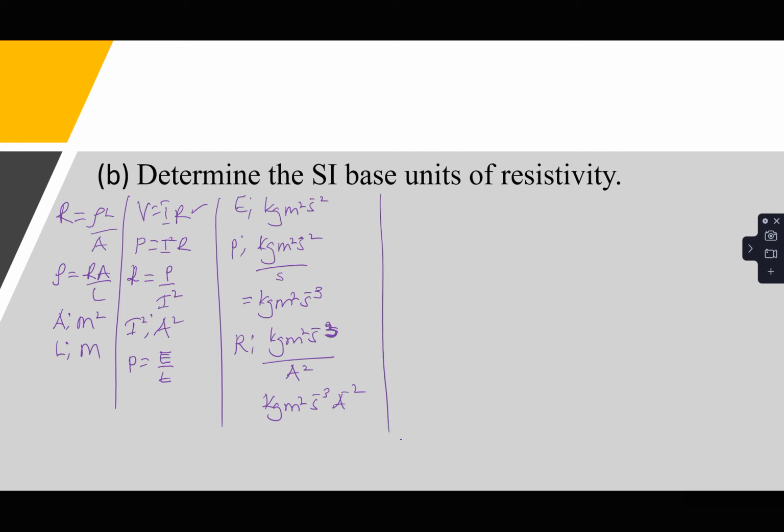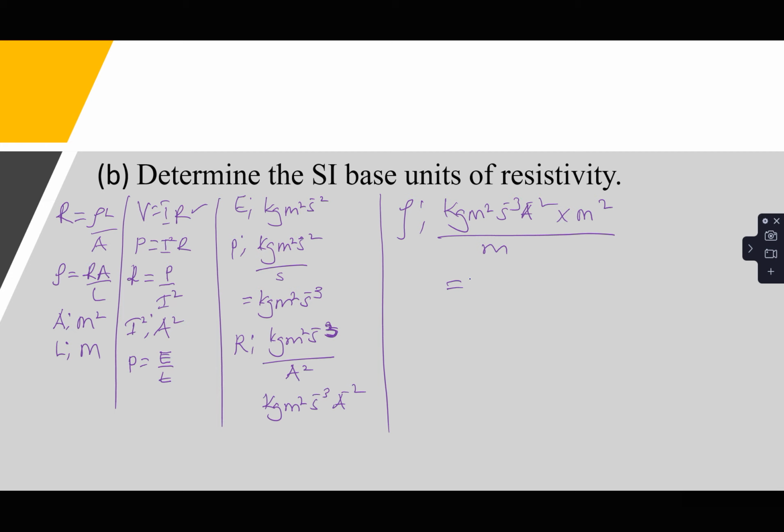It becomes easy to find the base units of resistivity. The base units of resistivity will be those of resistance, kilogram meter squared, second power negative 3 per ampere squared, then multiplied by area, which is meters squared, divided by length, which is meters.